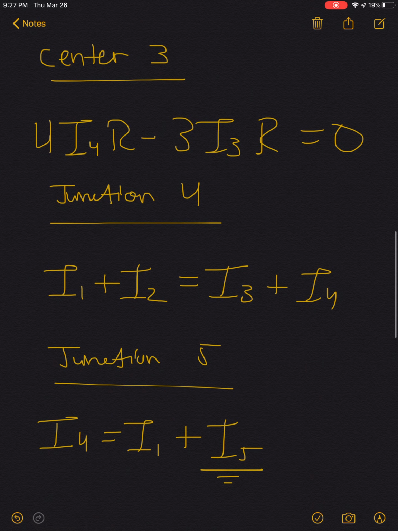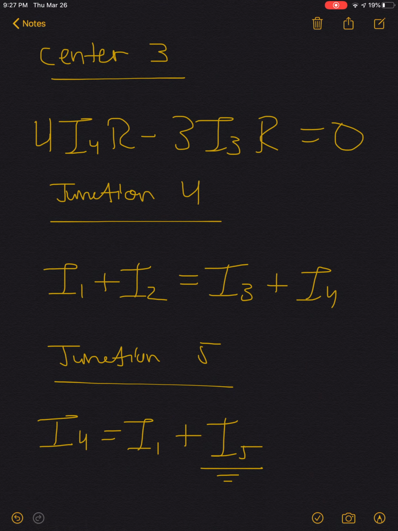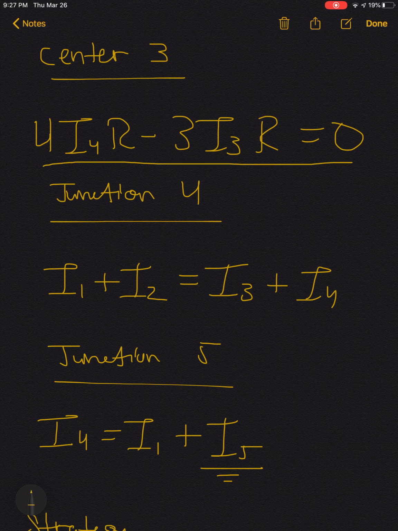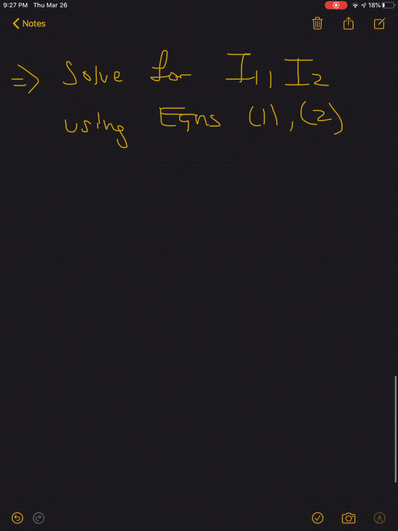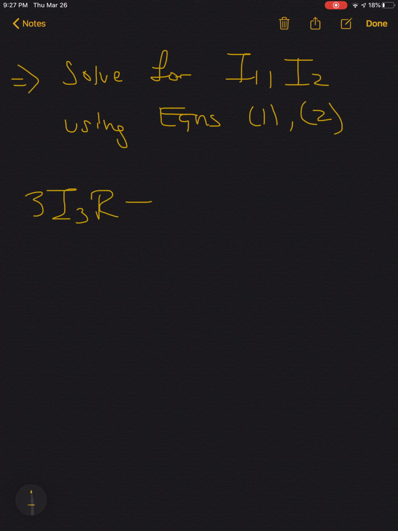So let's start with equation 3, which we have right here. Let's rewrite this. So we have 3I3R minus 4I4R equals 0. The R's are common to both, so they can be canceled out.